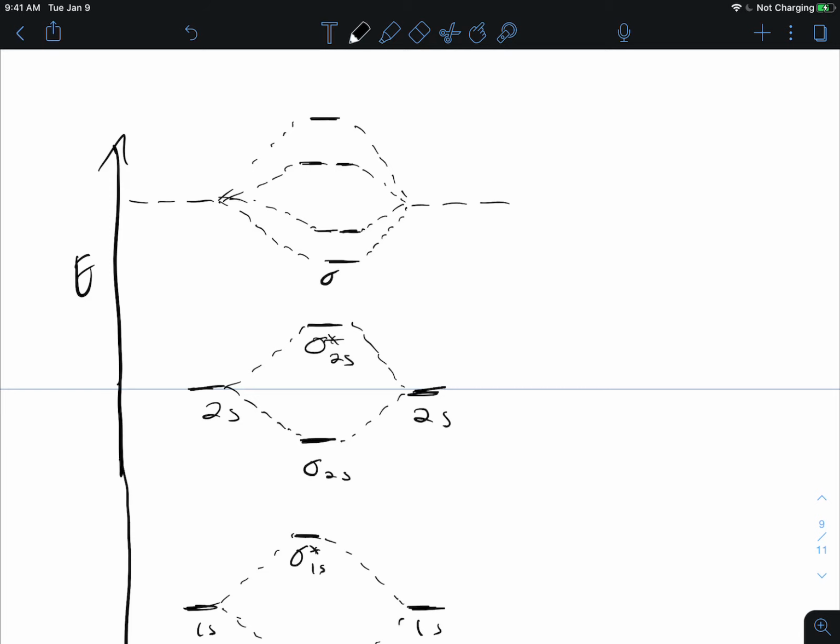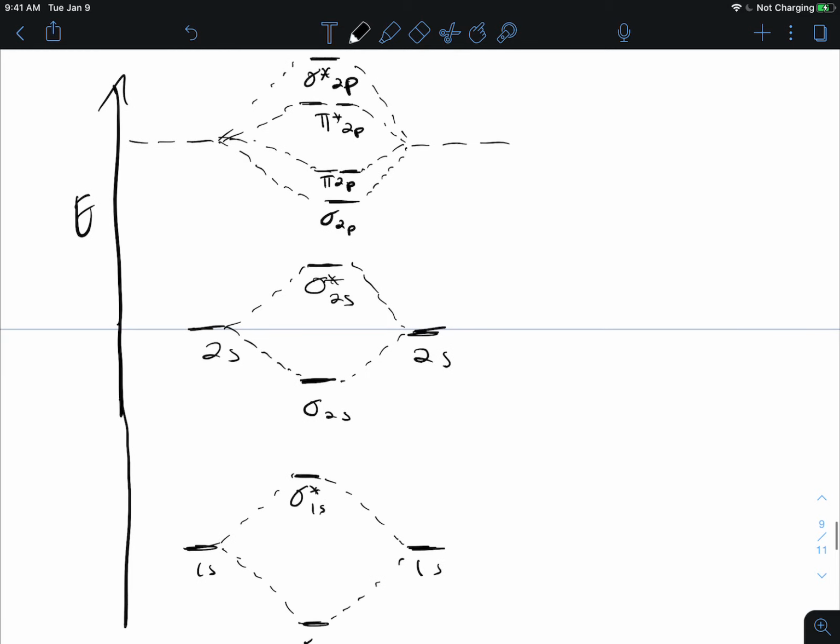So we have our sigma 2p, pi 2p, pi star 2p, sigma star 2p. And we see with our direct overlap, we're going to have a greater difference in those energies. This is the overall diagram you should see for most period 2 diatomics.